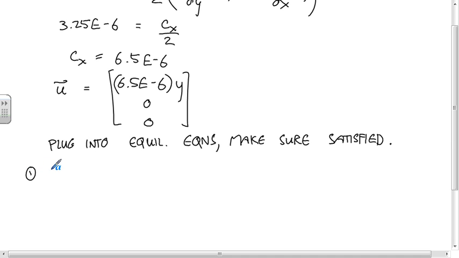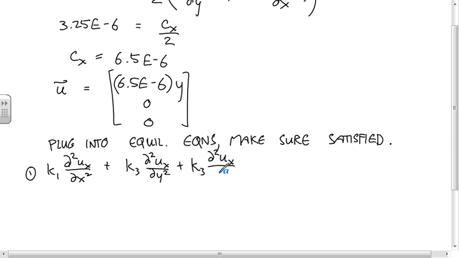The first one says this constant k1 times the second partial of ux with respect to x, plus k3 times the second partial of ux with respect to y, plus k3 times the second partial of ux with respect to z, plus k4 times the second partial of uy dy dx, plus k4 times the second partial of uz dz dx, plus that body force.